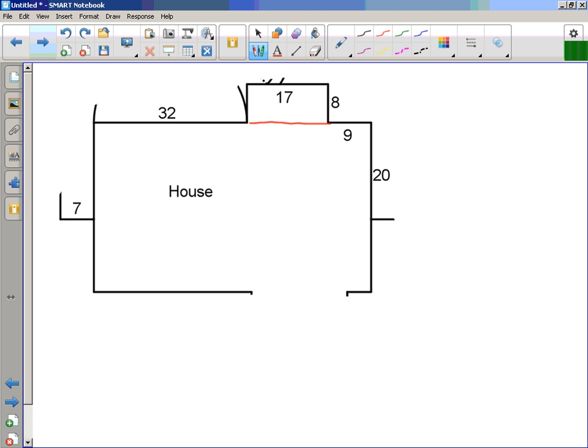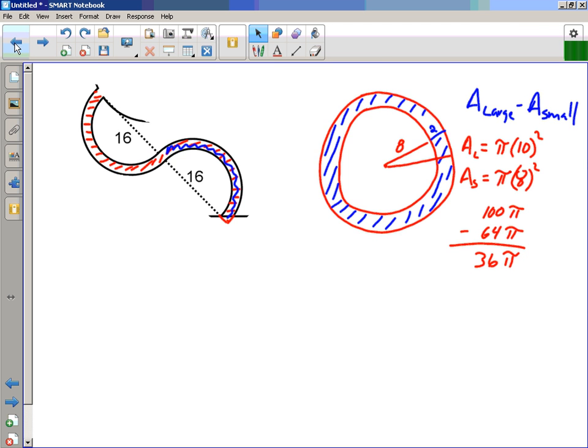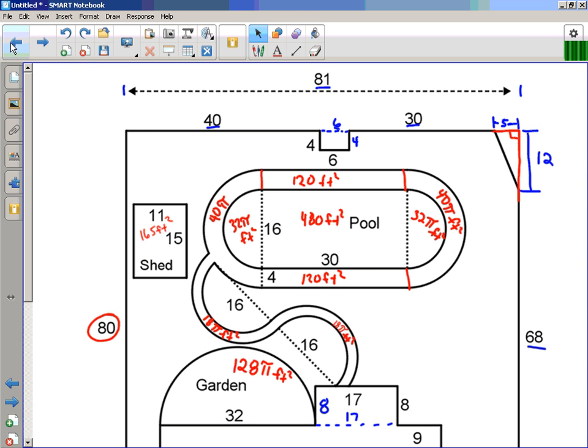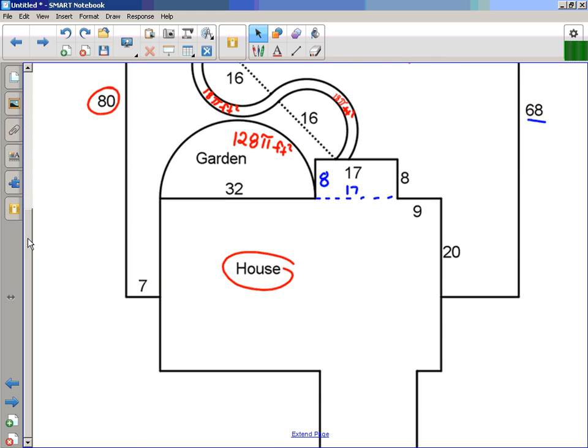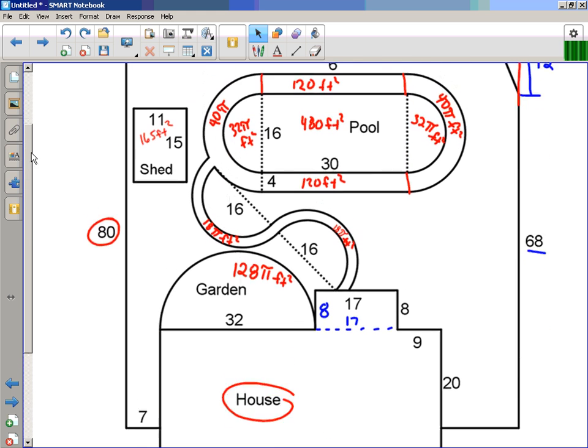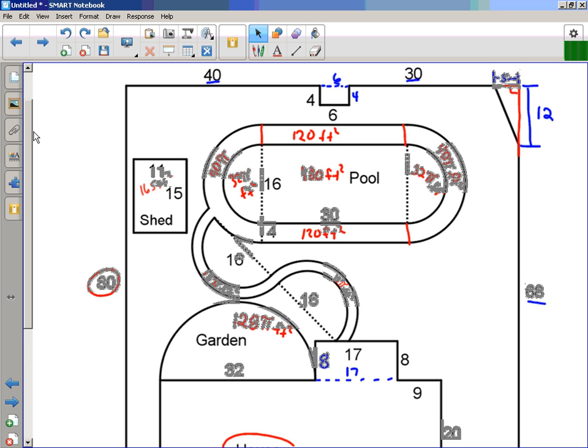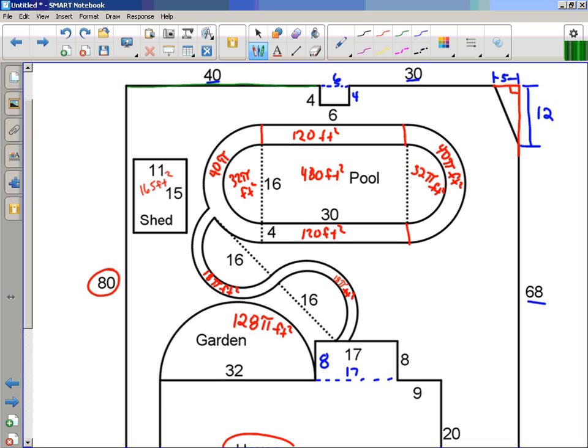And if I go and look at the entire shape, let's step back and look at the entire shape. There's an important piece to catch. When I look at the entire backyard, I have a large rectangle, this massive rectangle going all the way around.